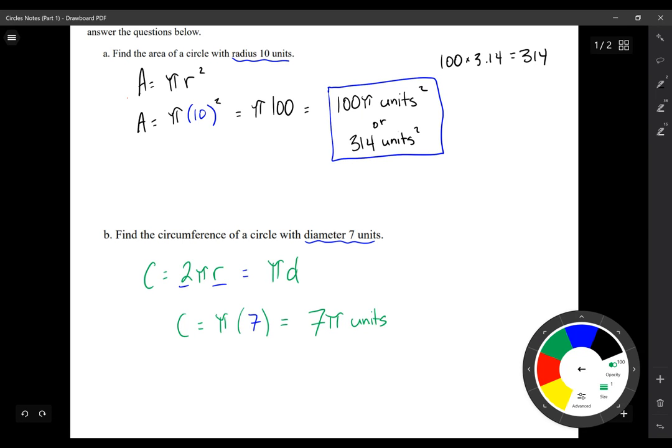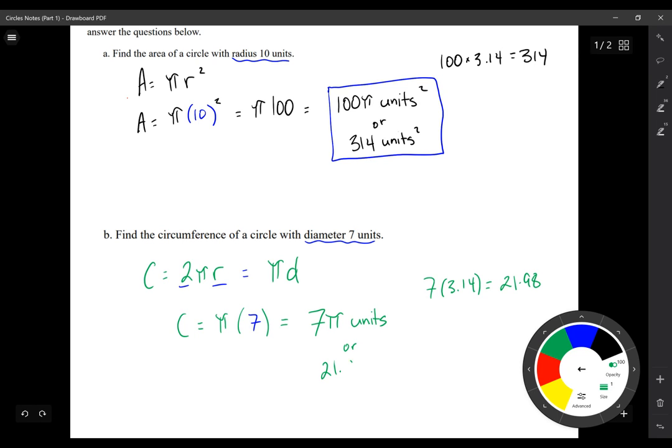This time we're talking about a one-dimensional measurement. It's just a length. And so for that reason, we're going to leave it in units, not units squared. And if we were to multiply that out to get a decimal answer, we would have about 7 times 3.14, which is equal to 21.98.